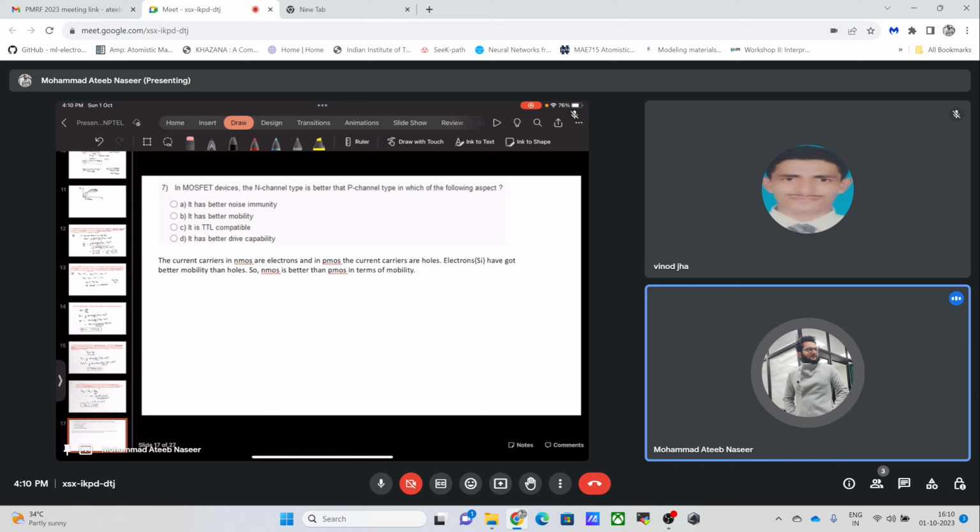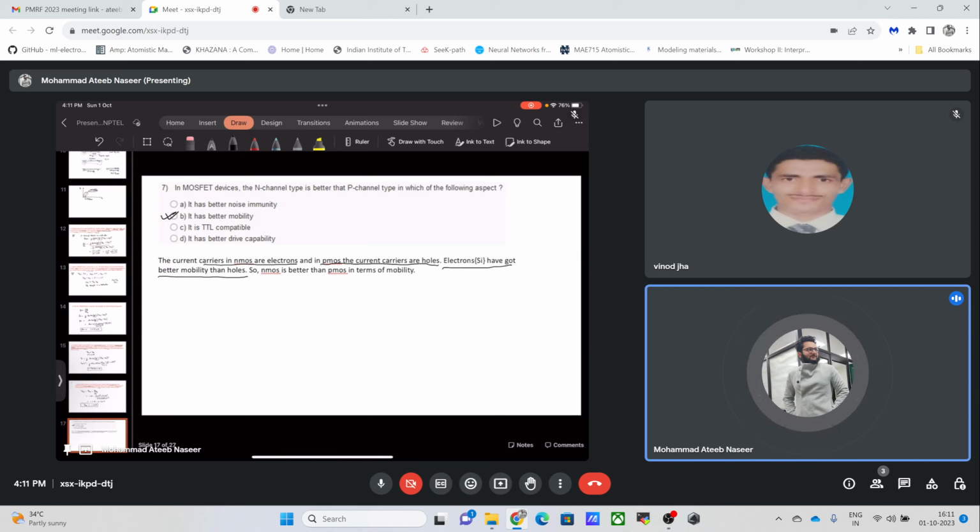This results in a much greater mobility in the case of n-type silicon as compared to p-type silicon. So the answer to this question will simply be that it has better mobility. The current carriers in NMOS, as it is written over here, are electrons, and in PMOS we have holes. The electrons in silicon have better mobility than holes.